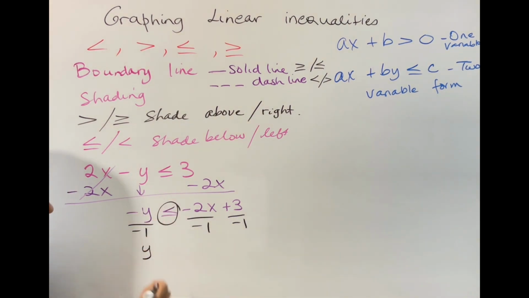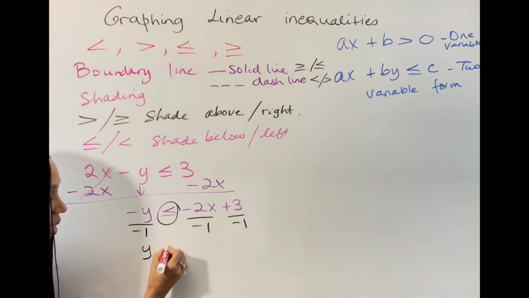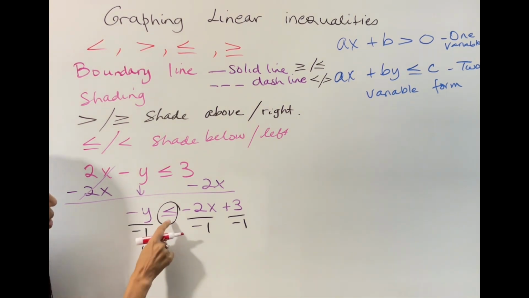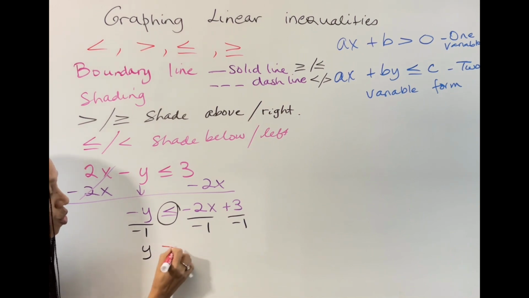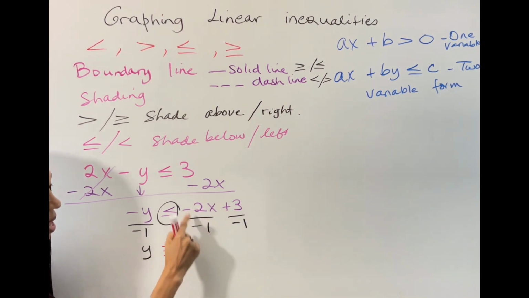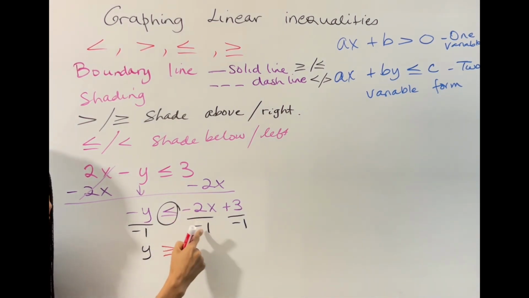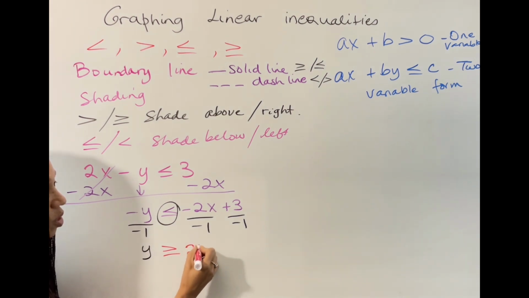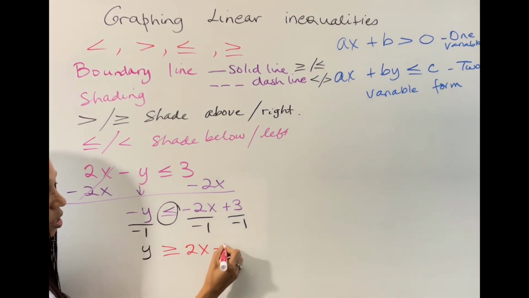So you will now have y, but you're going to change that inequality symbol to the opposite one. You're going to change the inequality symbol from less than or equal to, to greater than or equal to. And then negative times negative is going to give you a positive number. So it's 2x minus 3.